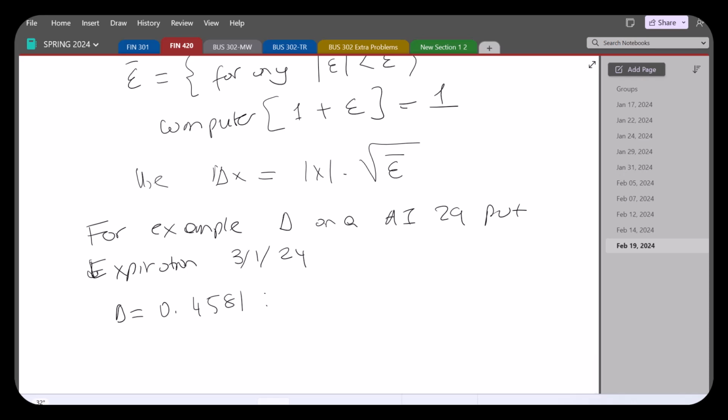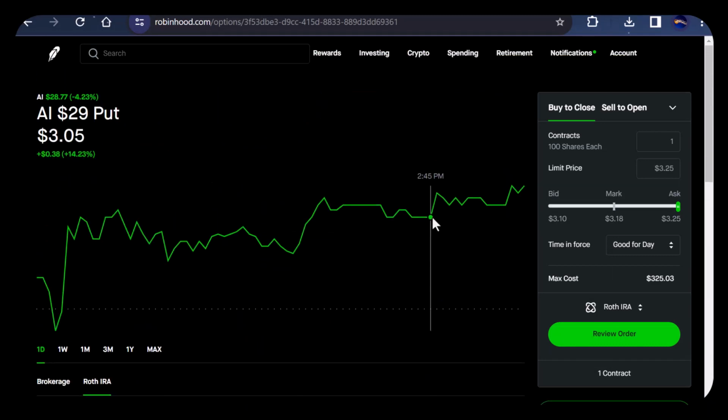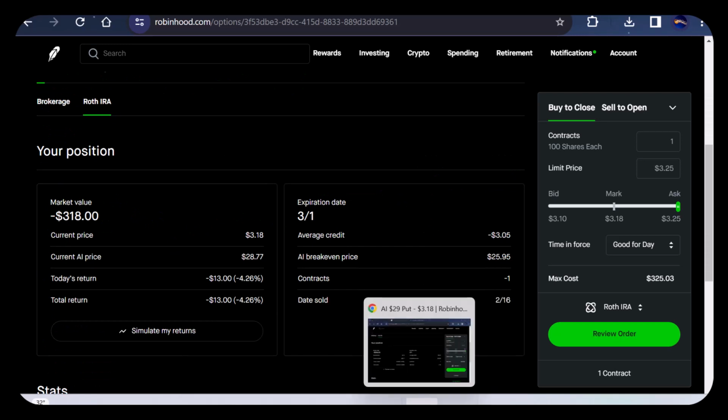There are two equivalent ways you can think of delta. If the underlying price changes, or let me put it this way. Let's say currently price is $28.77, so it's a little bit in the money.